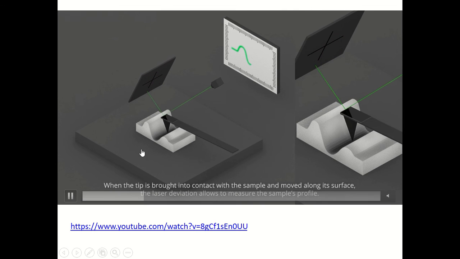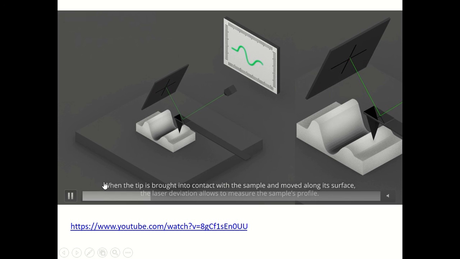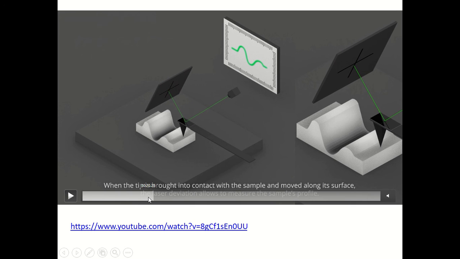And when it is on a valley, again the position changes, right? So as the tip is moving on hills and valleys, it will be deflected in downward or upward direction, and then the position of this reflected laser beam changes, and thus the position of hills and valleys on the sample surface is detected.